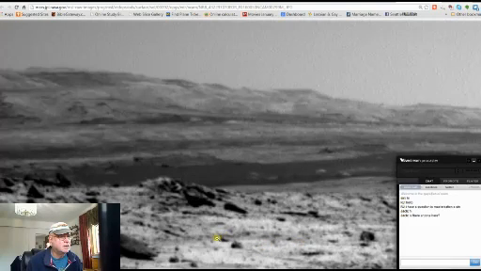Curiosity takes so many pictures that you see a rock here, and they take several pictures, and for some reason this rock ends up way over here by the last picture. So somehow this rock is moving, which, go figure.